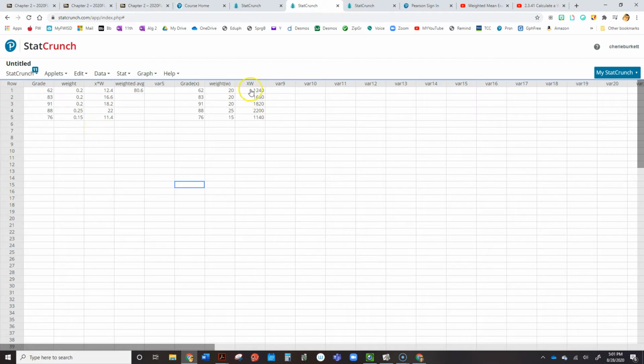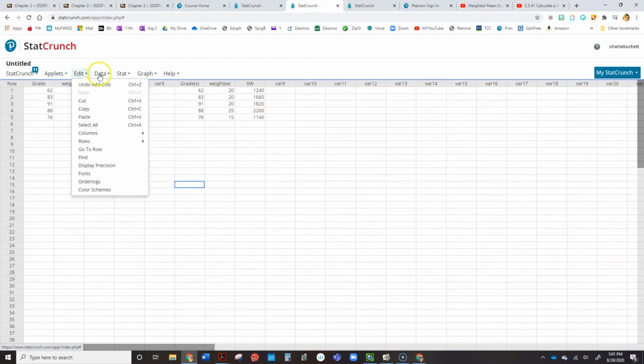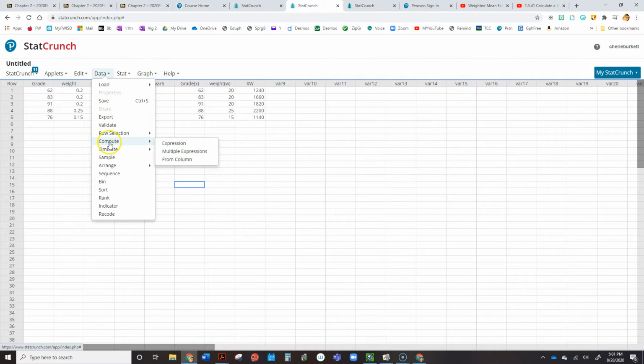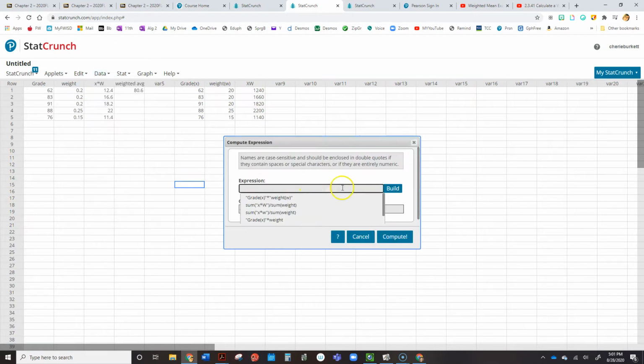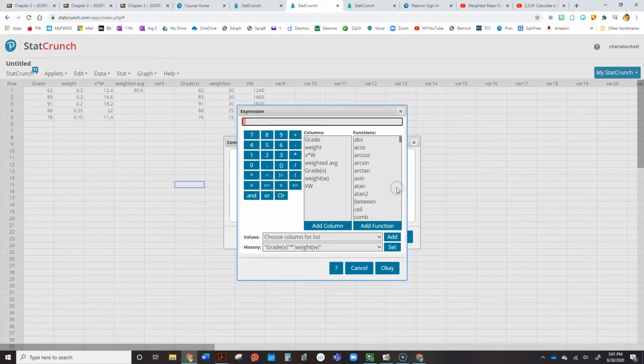I've already done the x times y column, but if I go over here to the data, go to compute, go to expressions, tell it I want to build an expression, and I want to do the sum. So I need to scroll down here until I get to sum.